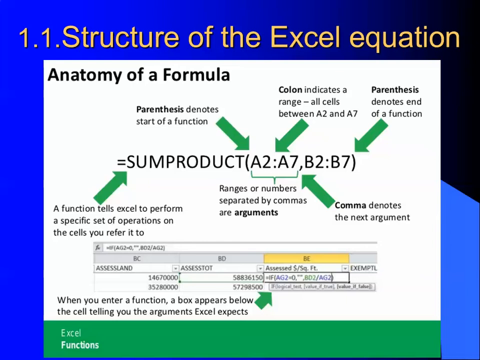In the same way, the function delimiter. In my slide I wrote a comma. Depending on regional settings, it could be a semicolon or a comma as the delimiter of arguments.